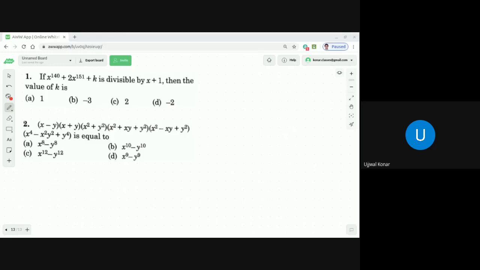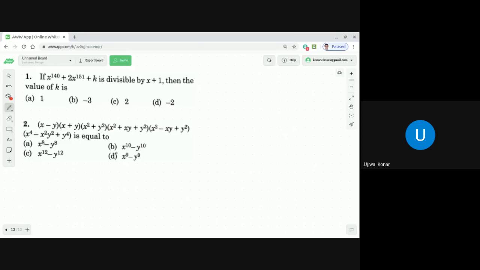If you look at this particular question, dear students, what we see is x minus y into x plus y into x square plus y square into x square plus y square plus xy and x square plus y square minus xy into x power 4 plus y power 4 minus x square y square.